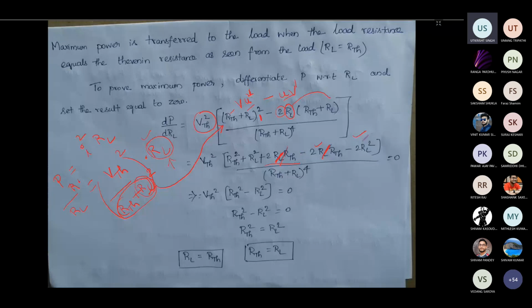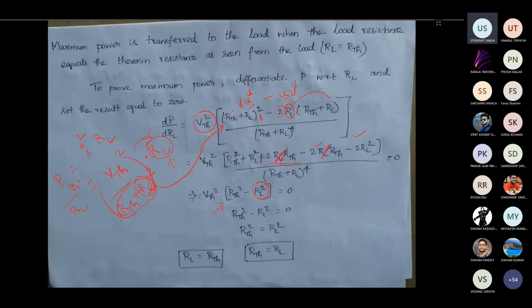Whatever values you get by substituting it equal to 0 will be for the maximum power. So we took this expression for the power, differentiated it, and then made it equal to 0. Then we find the value of the unknown, which here is RL.